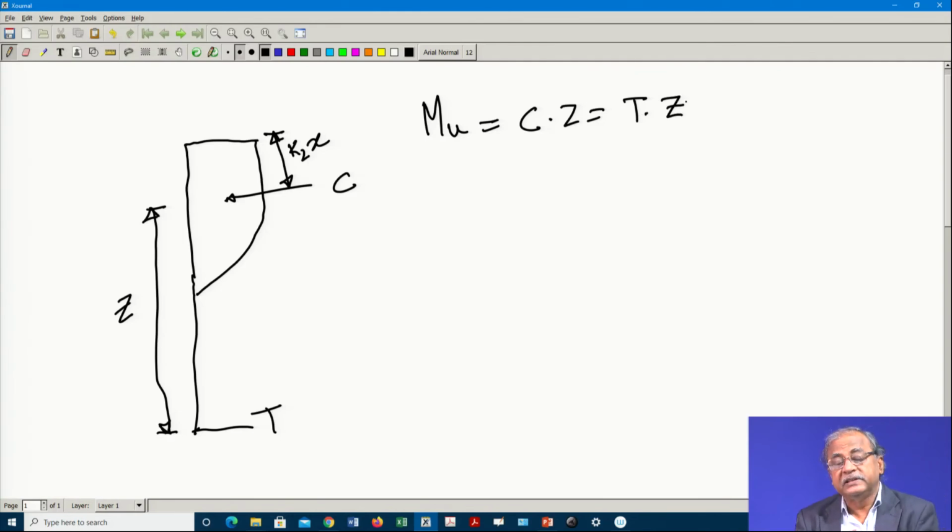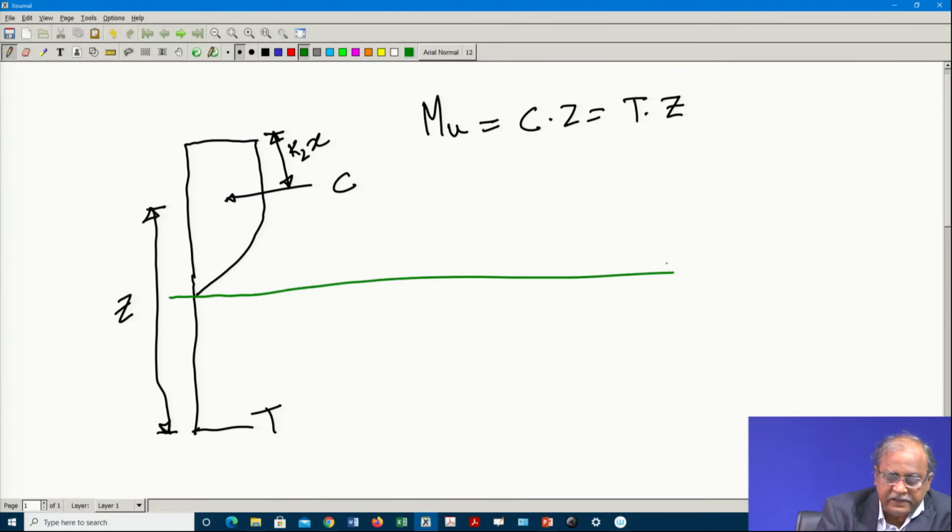So, M equal to C z or T z. Now, what we do, if this is your neutral axis, then we go for IRC 112.